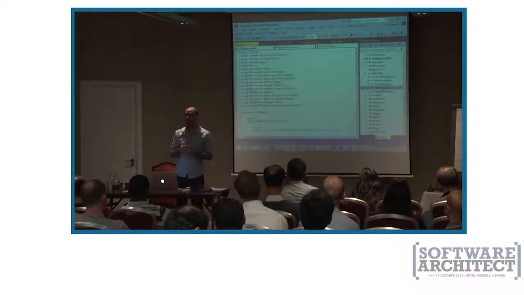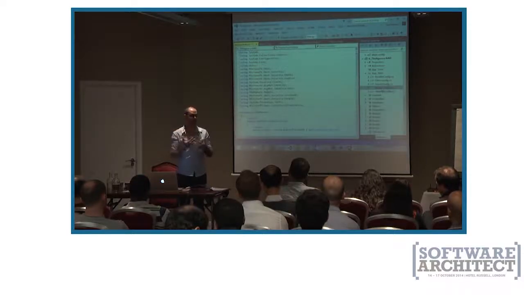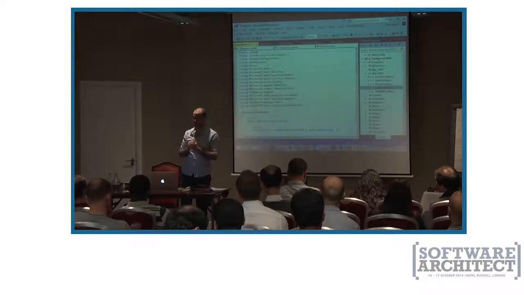How many people are familiar with the new OWIN pipeline for ASP.NET? OK. Just to recap for those who are not familiar with it, OWIN pipeline is a new solution that intends to replace the IIS pipeline for compression, logging, user authentication, and stuff like that.